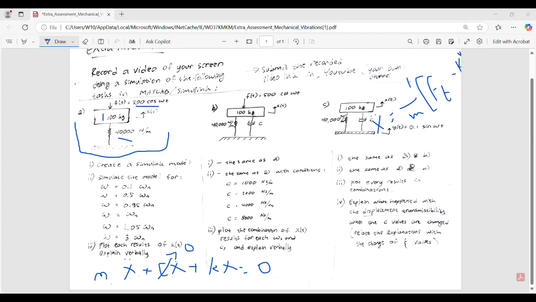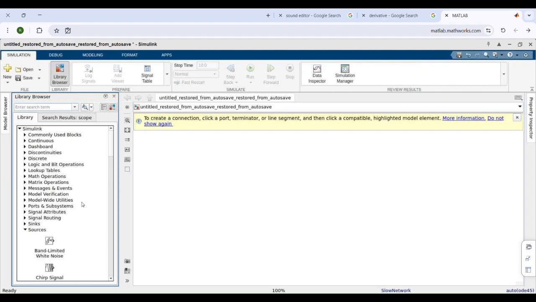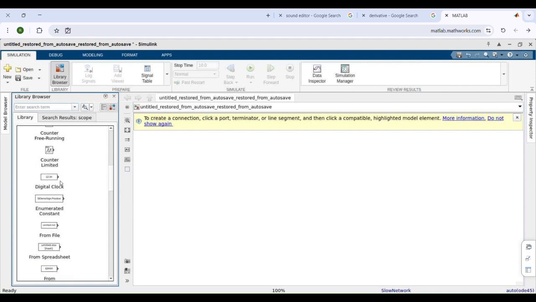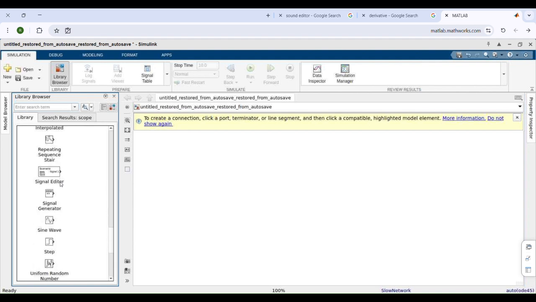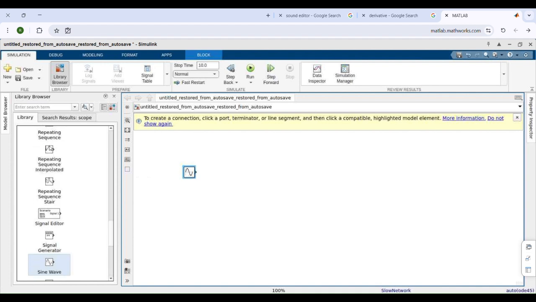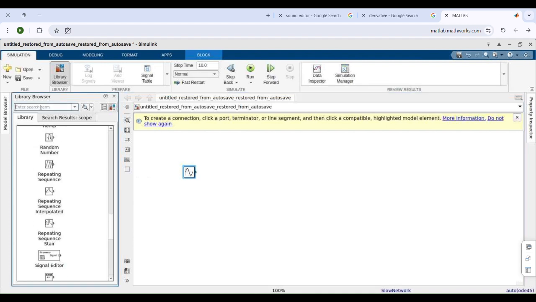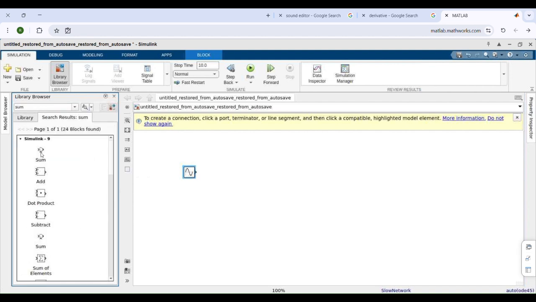Now let's start our setup. First, we need the source, which is the sine wave. Then we can convert it to cosine wave. Yes, this sine wave. Then we need some function. Yes, this.